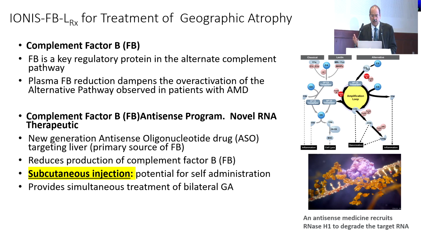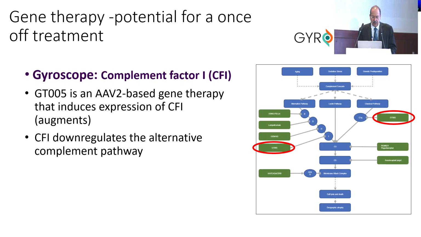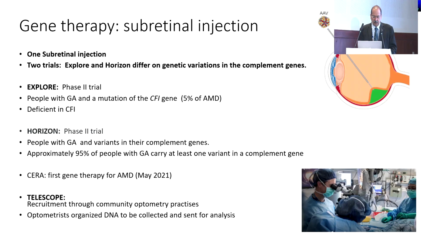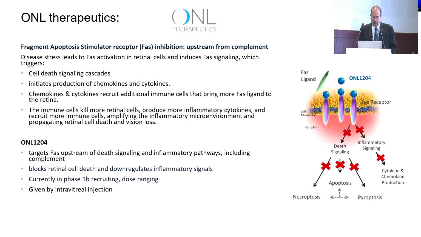One that's still early in development is to suppress complement factor B. The advantage here is it can be given by subcutaneous injection. Again, it's in development. Gene therapy has the potential for a one-off treatment. Gene therapy in Australia, in Melbourne, started in 2021.